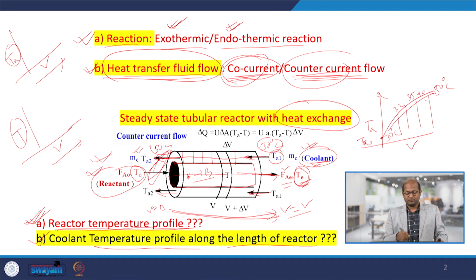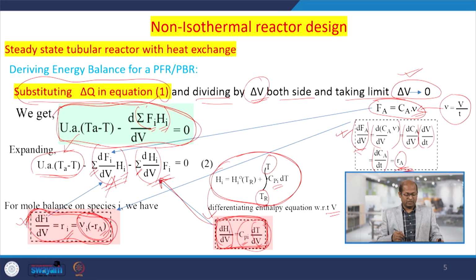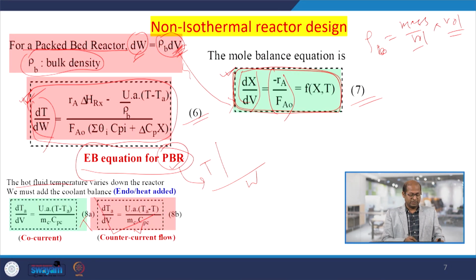So, this is the temperature profile for this system when heat exchange is there, and for that the energy balance differential equation is dTa by dV equals Ua times (T minus Ta) divided by mc cpc. T is the reacting fluid temperature, Ta is the coolant temperature, mc is the mass flow rate of the coolant, and cpc is the heat capacity of the coolant.